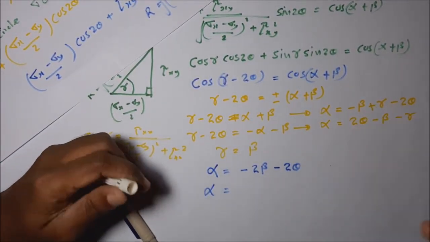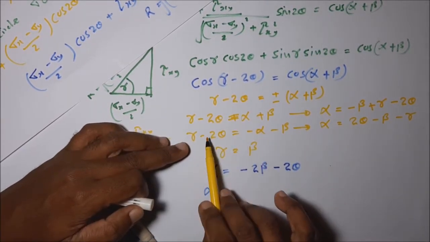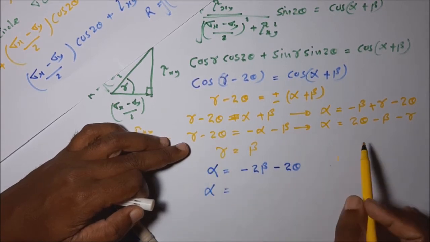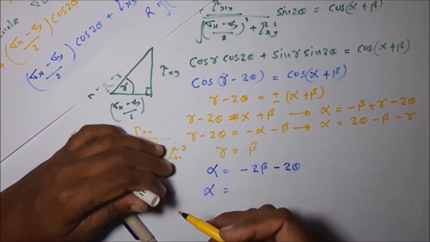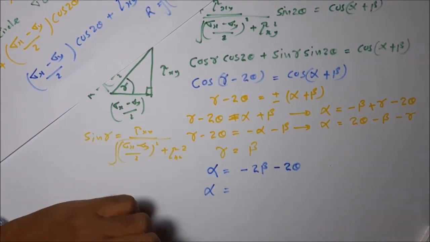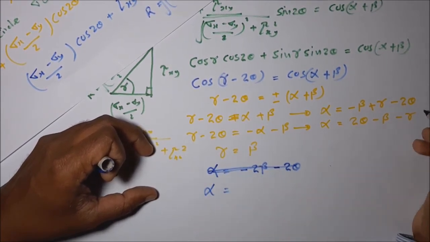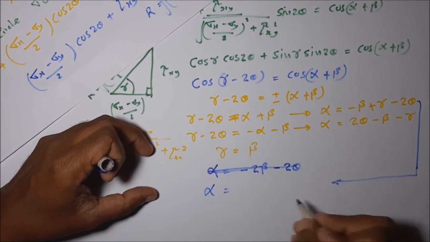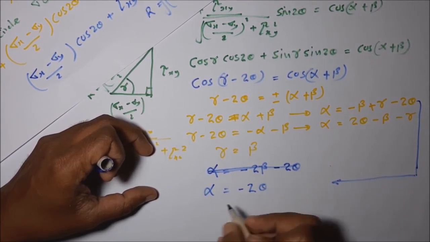By making alpha the subject, 2 theta minus beta, so this one should be corrected in this way. From this equation we are getting alpha is equal to minus 2 theta.